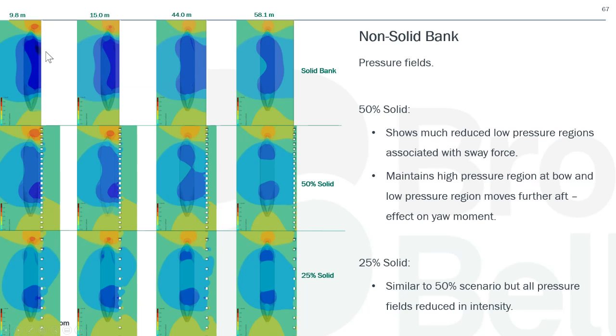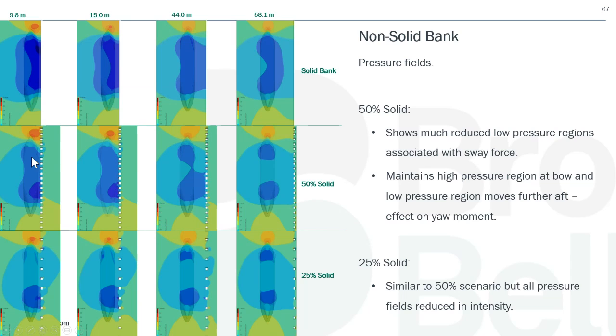So if we look at the top left here, your solid bank at 9.8 meters, you've got a high positive value at your bow. So that's turning your bow away from the channel, but your high negative, your deep blue region, is also near your bow, and that's pulling the bow back in towards your bank.